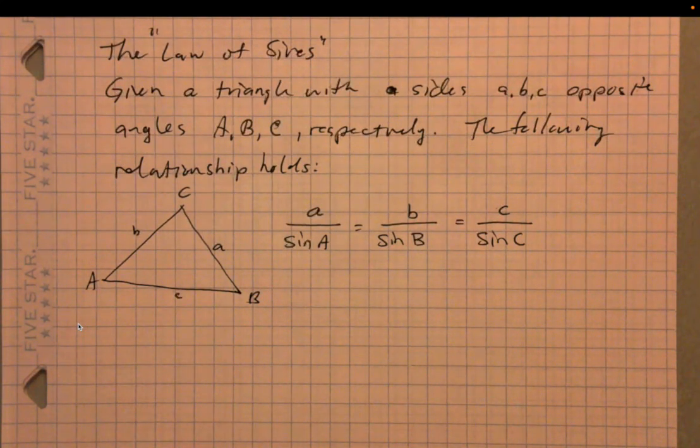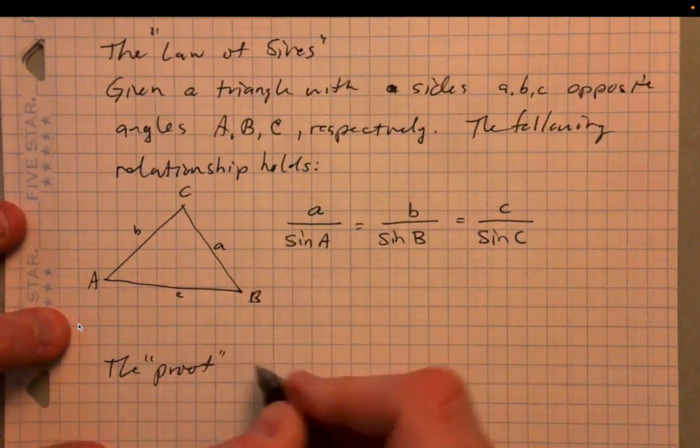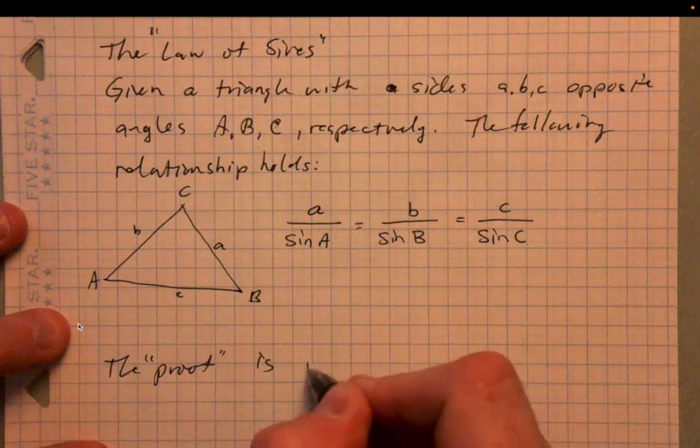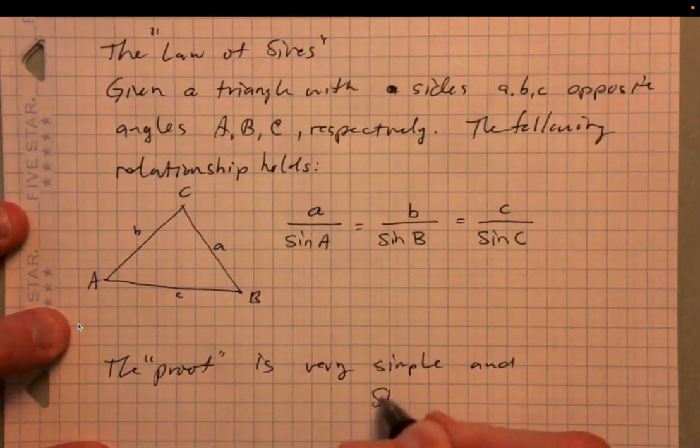When you first look at this, it may not be obvious why such a relationship should be true. We can prove this. The proof, or demonstration, is very simple and straightforward.